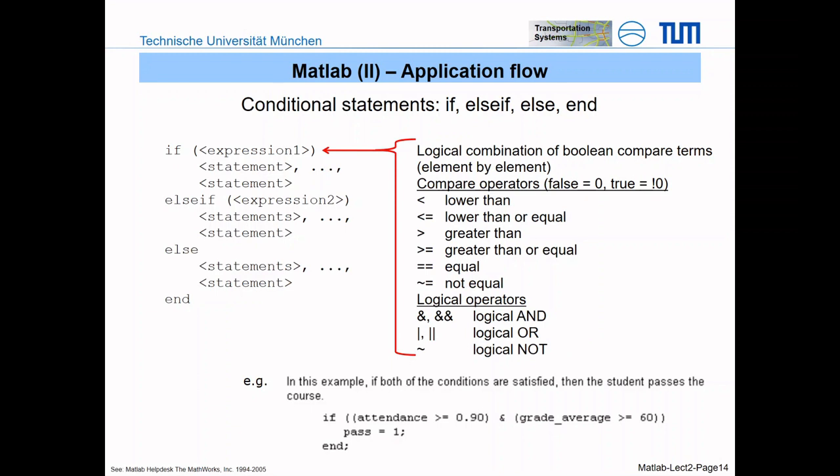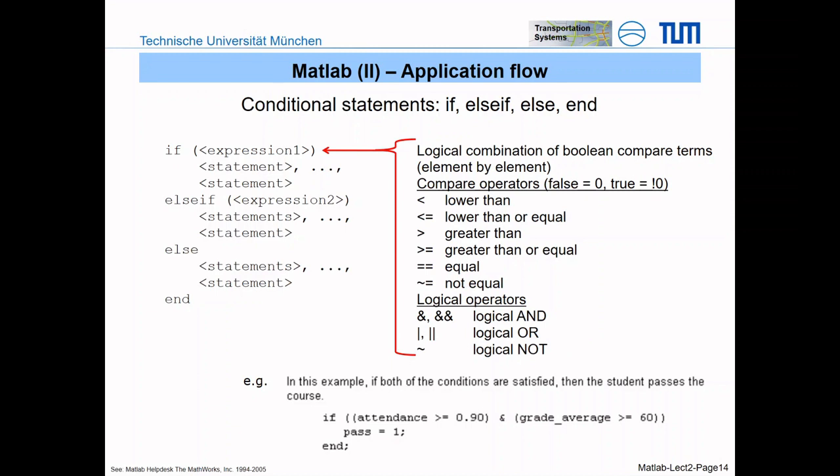If parenthesis open, then again parenthesis open, attendance greater or equal to 90%, and grade average is greater or equal to 60, then it's passed. So you combine these two conditional expressions into one condition by using these logic operators.